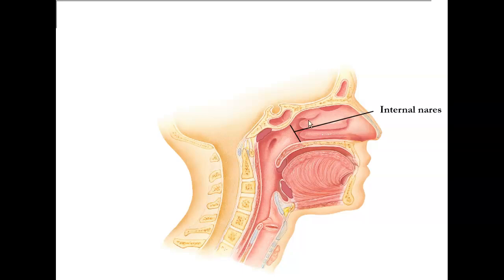So the function of all of this, oh, and by the way, it's covered with a mucous membrane, and the function of all of this is to increase air turbulence. As the air goes through your nose, these little grooves make it swirl around more and take longer to get through and give the mucus more time to filter the air.